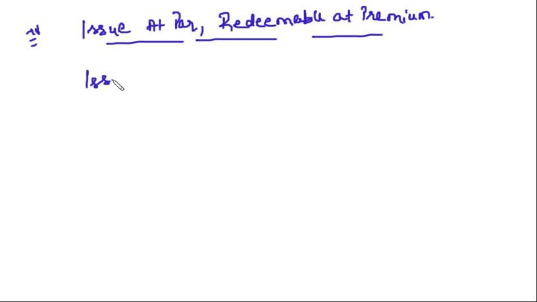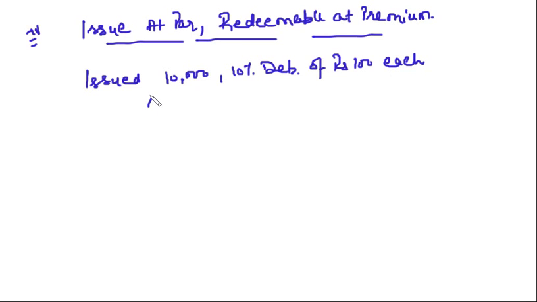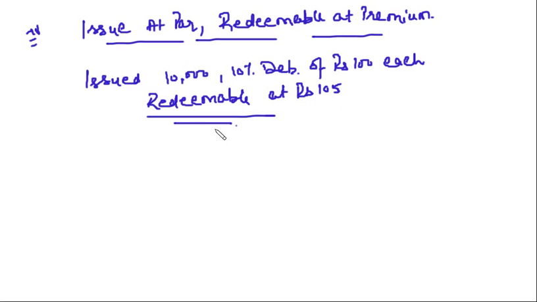You have issued 10,000 10% debentures of rupees 100 each. Right? Now these debentures are redeemable at rupees 105. Now first tell me the entries for issue.